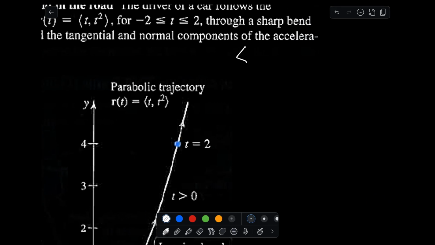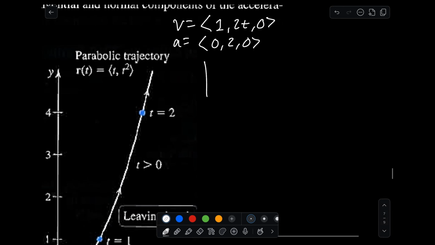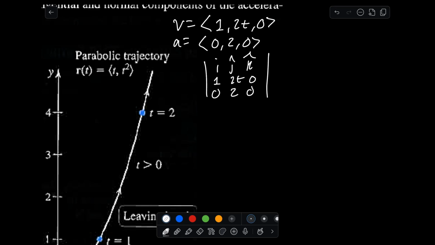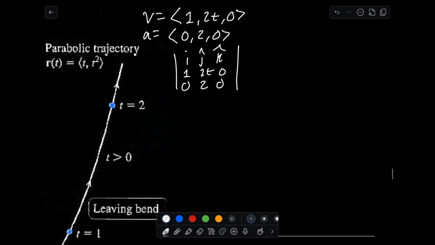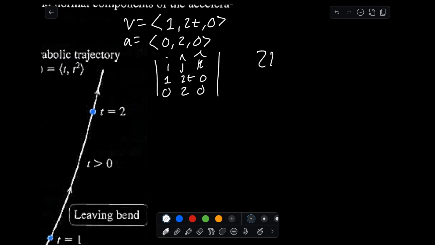So it's going to be v and a: 1, 2t, 0, 0, 2, 0, with i, j, and k. And then we can just solve for it. And then you get 2k hat as your only thing left over, because everything else is going to 0. That's just how the matrix works.